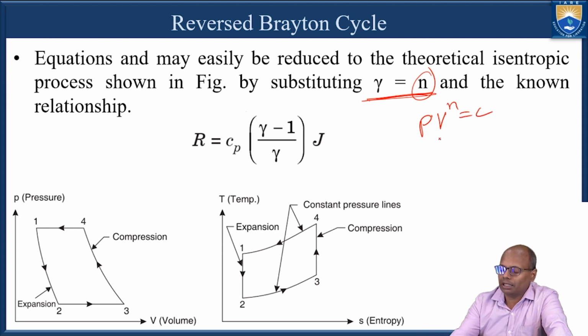So this is the characteristic equation, and in this characteristic equation, if this n is replaced with gamma, then it gives us the isentropic process.